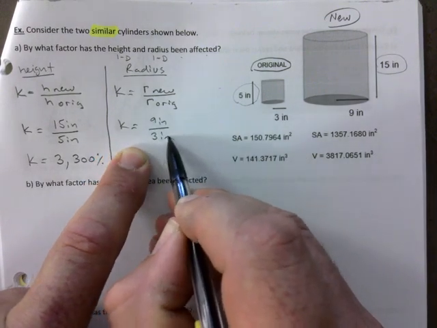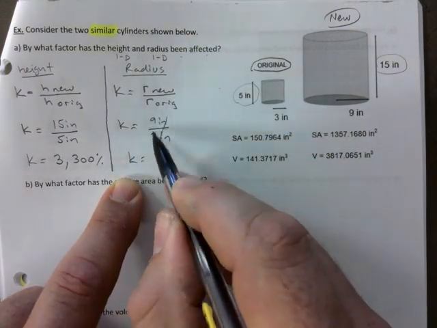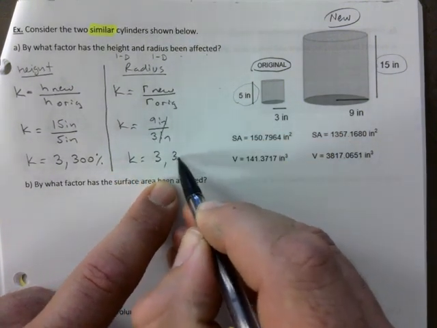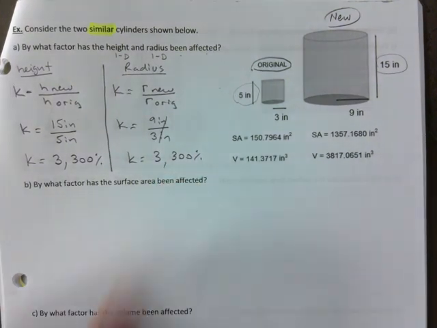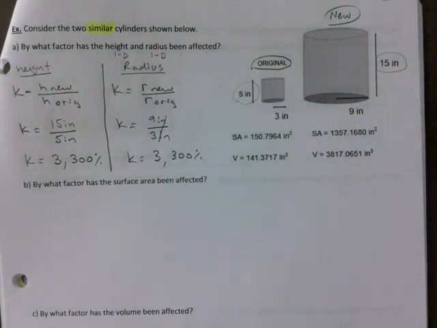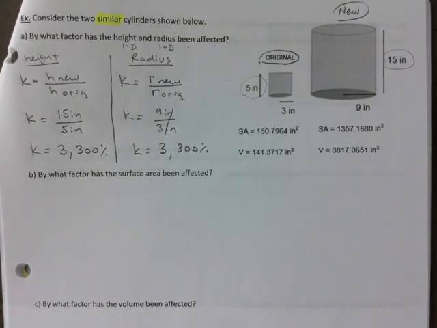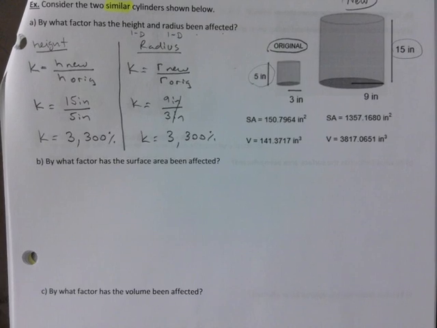So we don't even need to worry about converting units. k is equal to 9 divided by 3, which is 3, 300%. Why did I do that? I just want you to see that this is true regardless of how you approached it. Are there any squares or any cubes here? Nope, because it's just radius, height, length, anything that's one-dimensional, you keep it like that. There should be no square or cube.